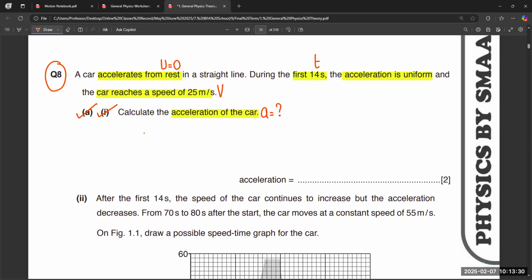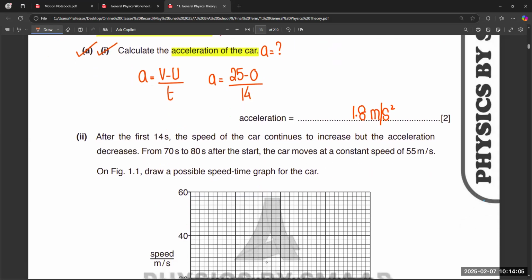So definitely we have to apply the formula of acceleration: final minus initial divided by time. 1.78, or rounded off, 1.8 meters per second square.